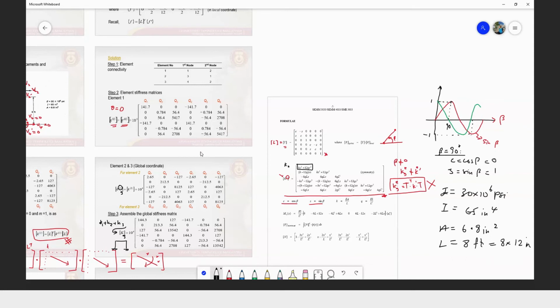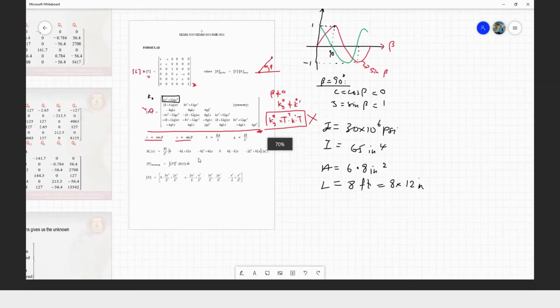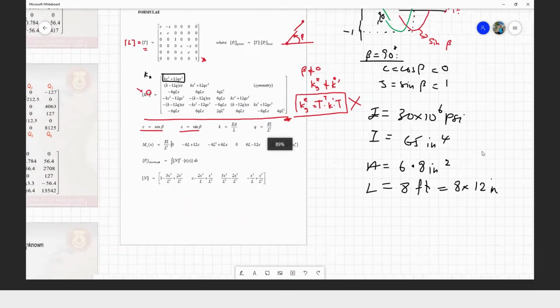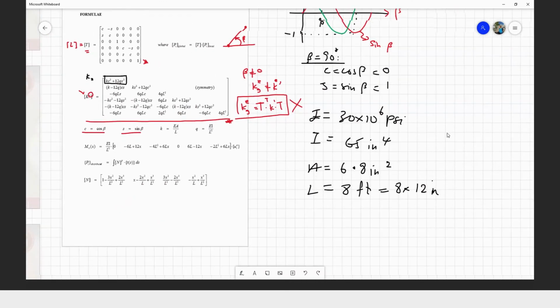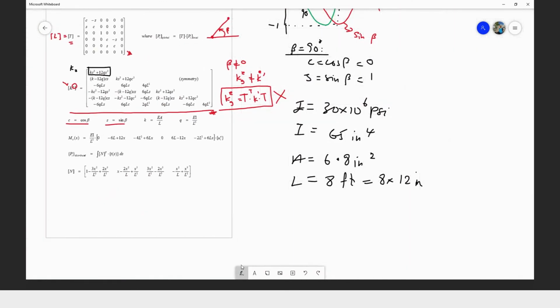All right, now we need to prepare this information so that we can use it in our matrix. So K is given by AE over L. So can any one of you calculate what the value of K for structure number 2?